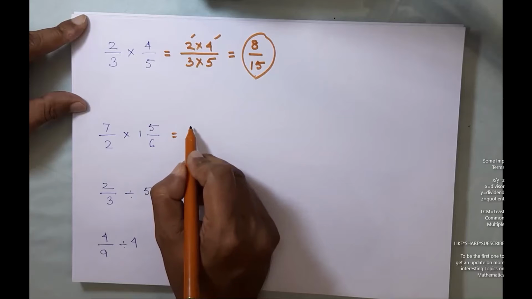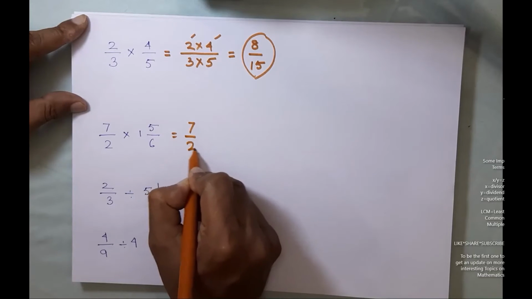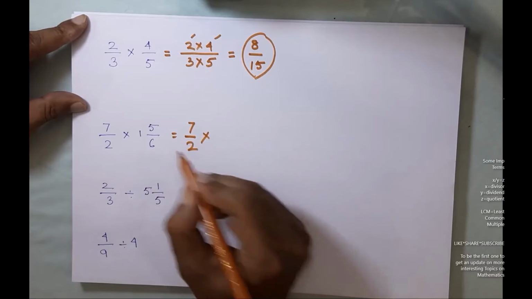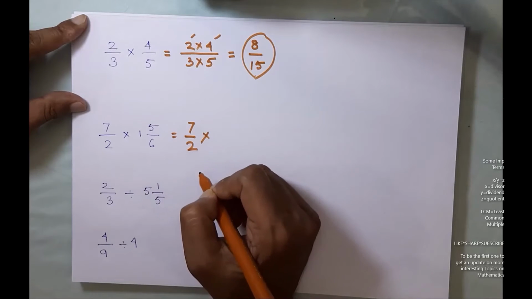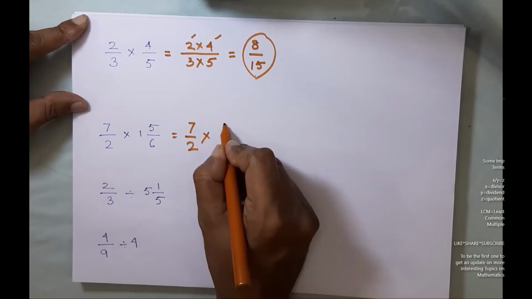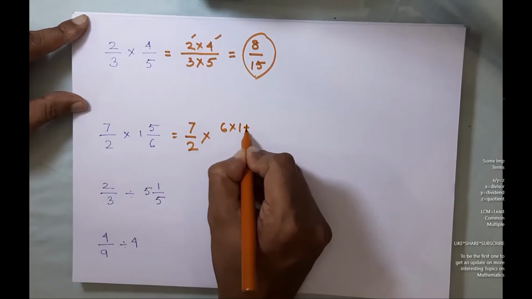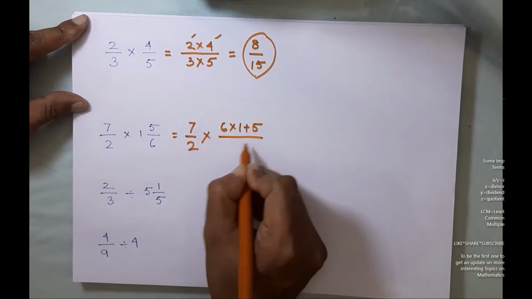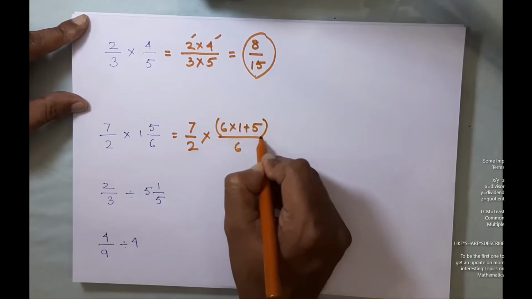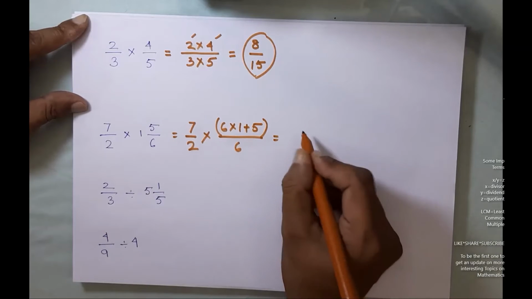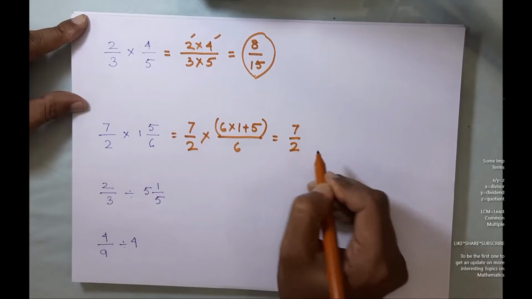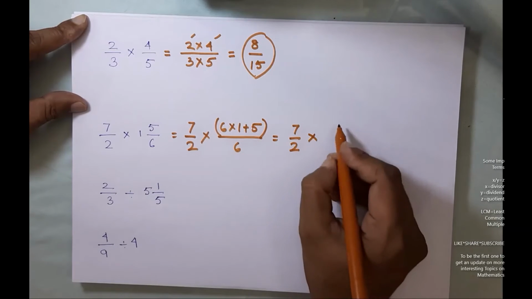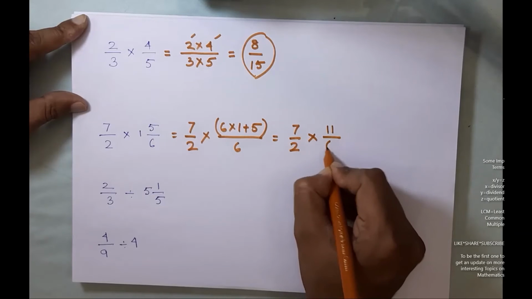Okay, so the improper fraction remains the same, and then we have to multiply with this mixed fraction, which I'll be converting into an improper fraction. So 6 multiplied by 1 plus 5 by 6. So this is our improper fraction, and then 7 by 2 remains the same, multiplied by 11 by 6.